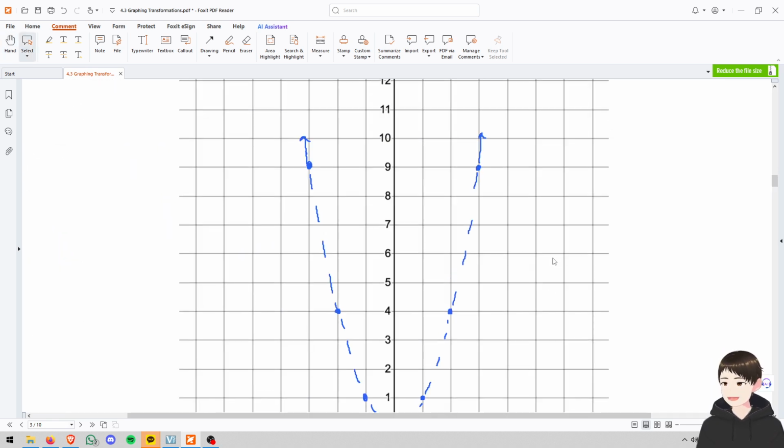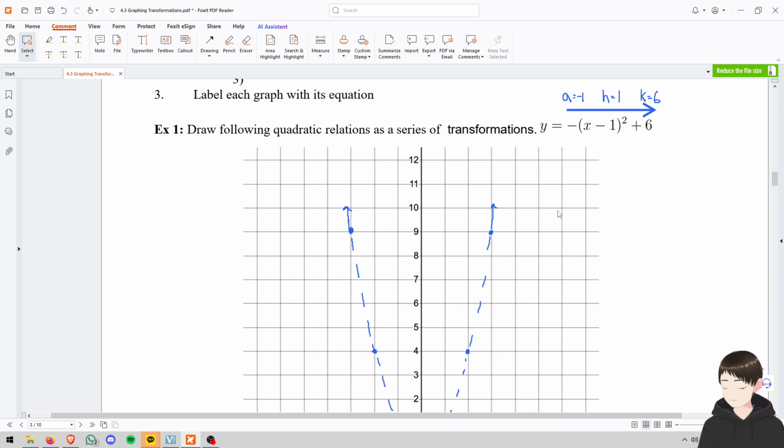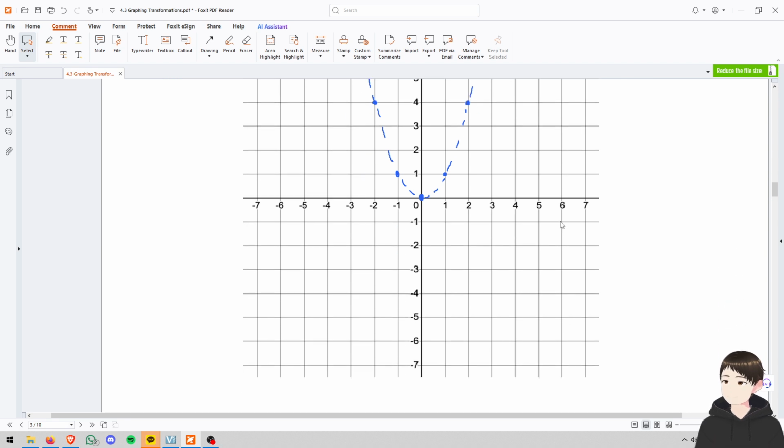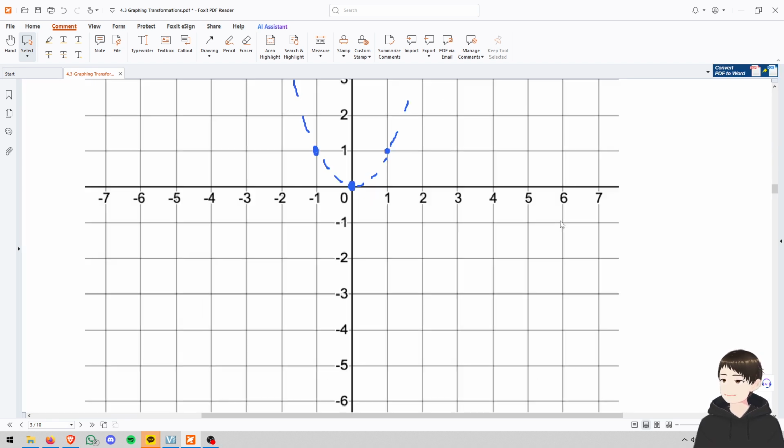Now, let's apply my A equals negative 1. My A equals negative 1 means everything is reflected. How will we do that in an easy way? Multiply every y value by negative 1. So this point is 0, 0.